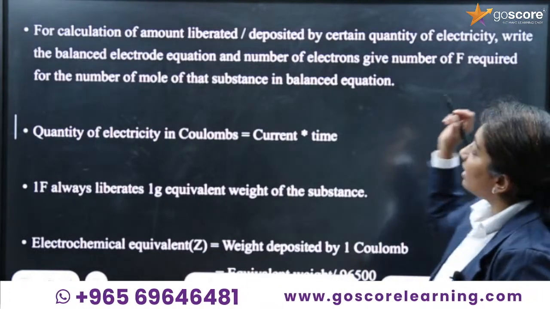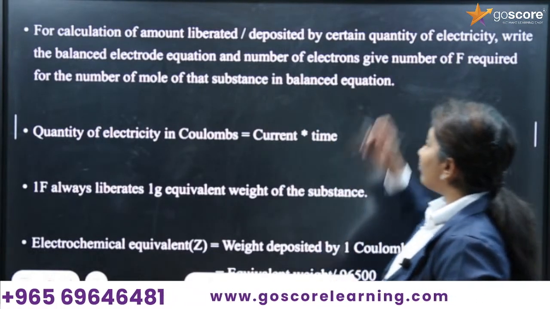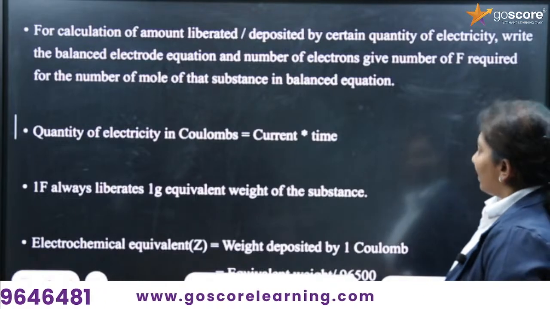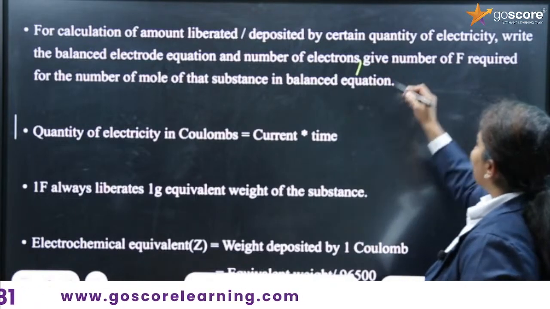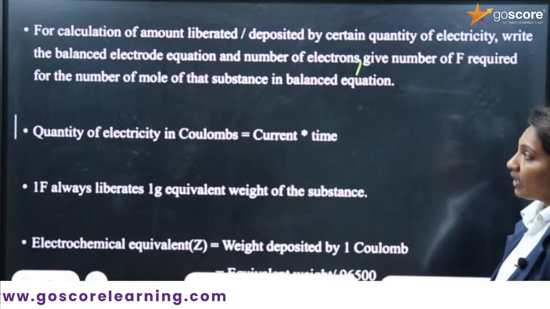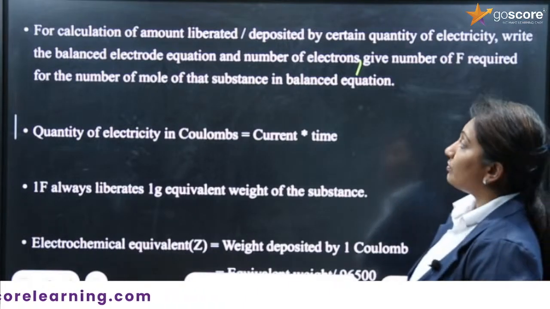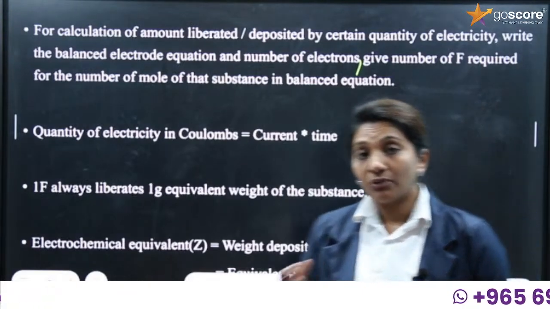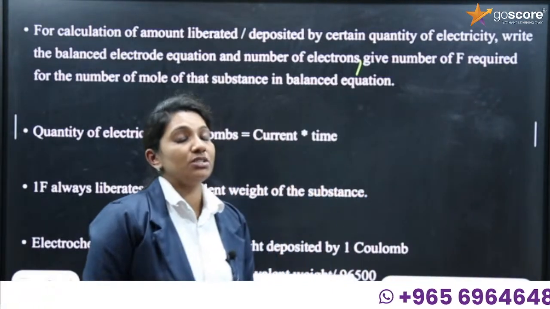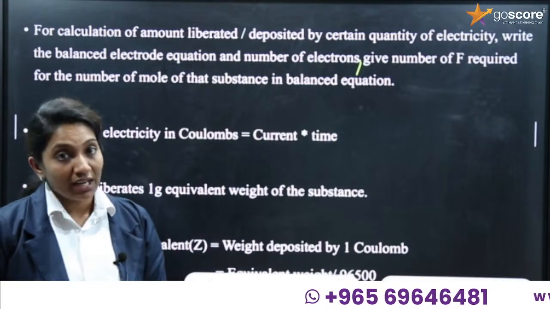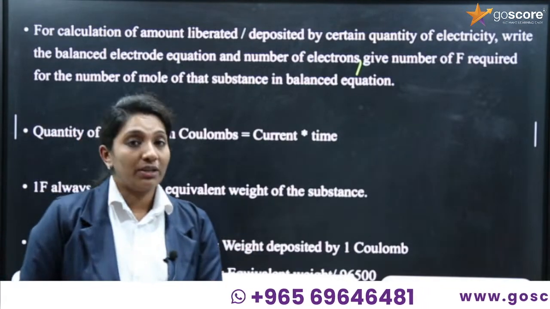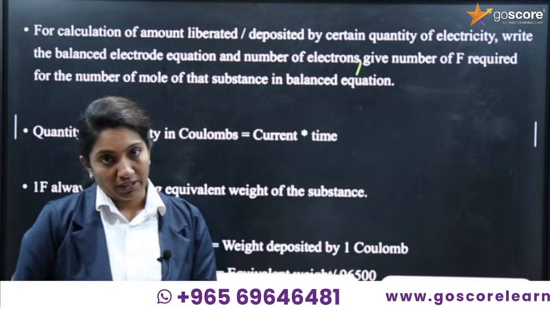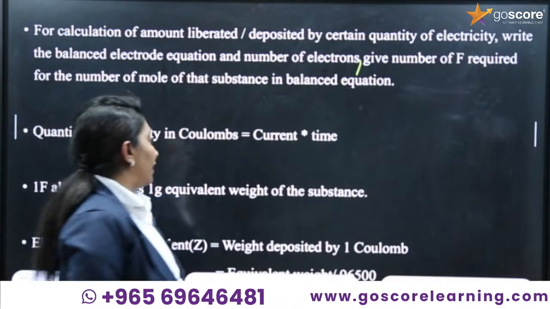Write the balanced electrode equation and the number of electrons. Then give the number of Faradays required for the number of moles of that substance in the balanced equation. Okay. So for finding out the amount of substance, you first have to find out how many electrons are involved. Based on that, you can calculate how many Faradays are required, how much charge is required for the reaction, right?